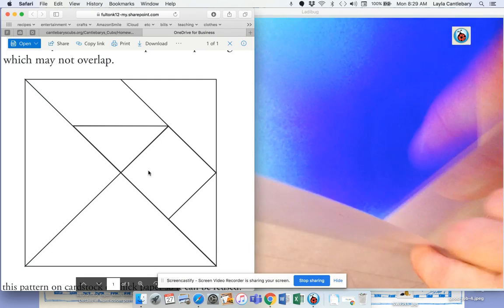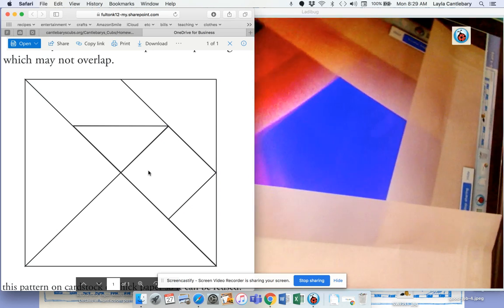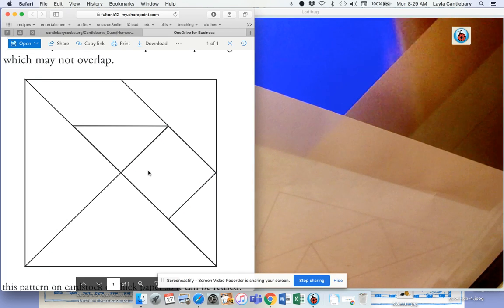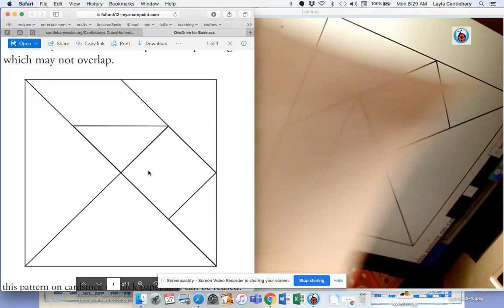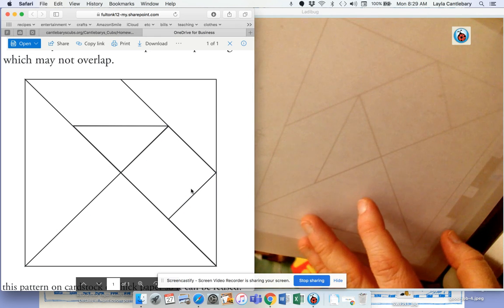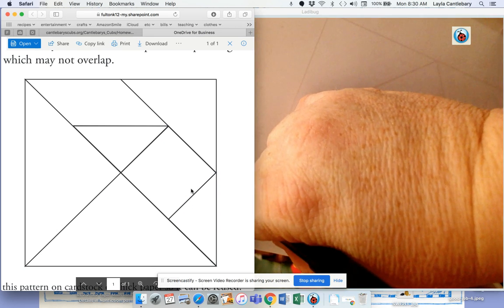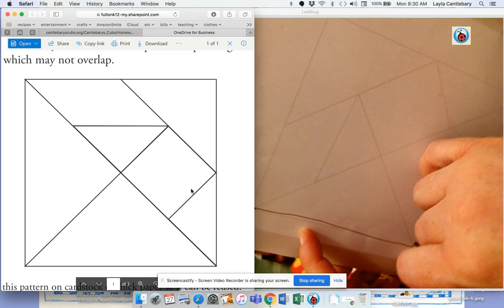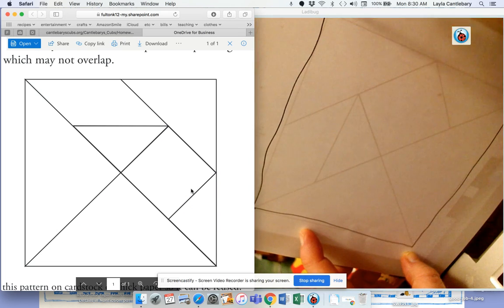You can take your paper and put it over it like this. That's the cursor, and you can still kind of see through it. And then you can very lightly take your pen and go over it. You have to be very careful.